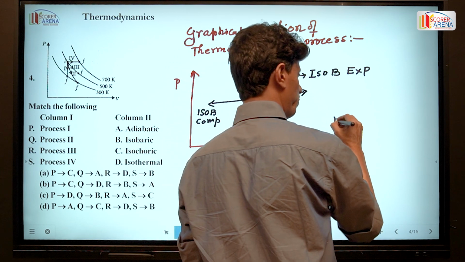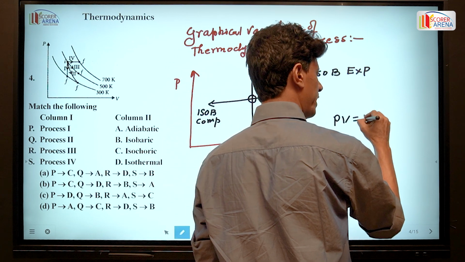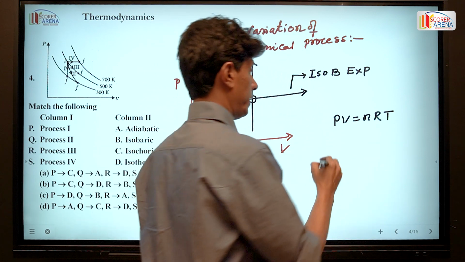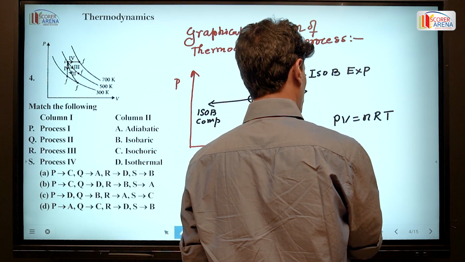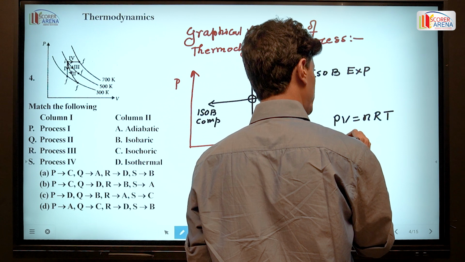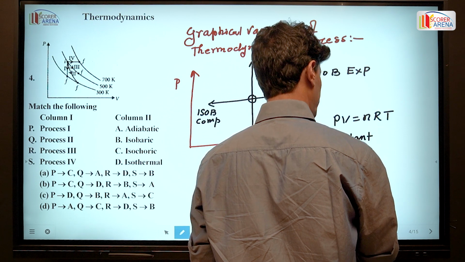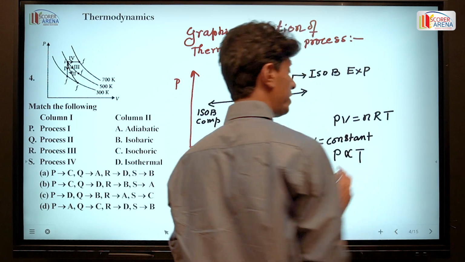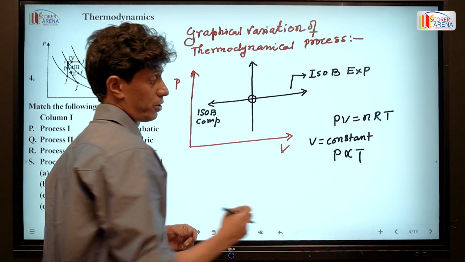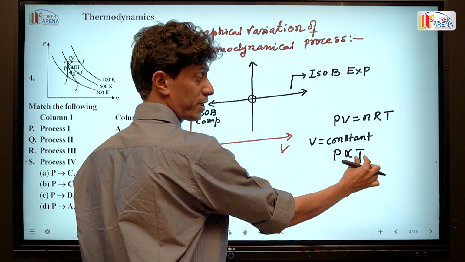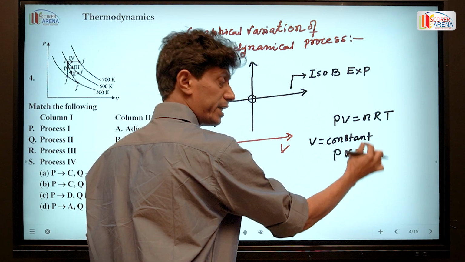So you know PV is equal to nRT, and V is constant. So here P versus T. Pressure increasing means the temperature of the gas also increases.